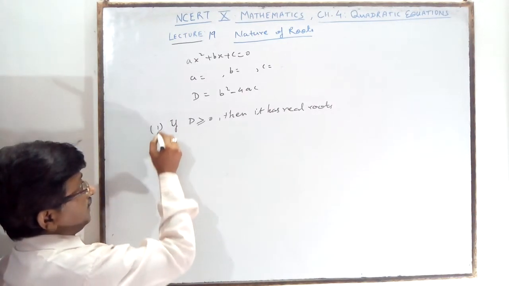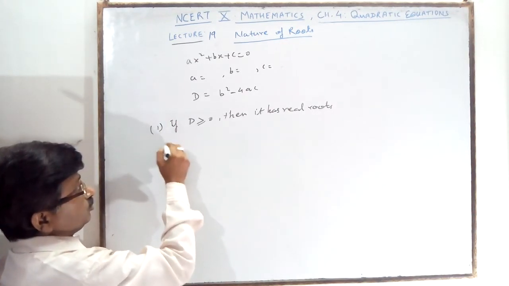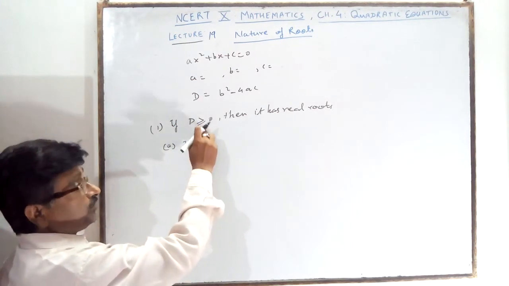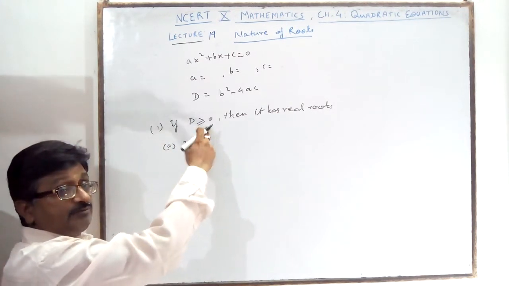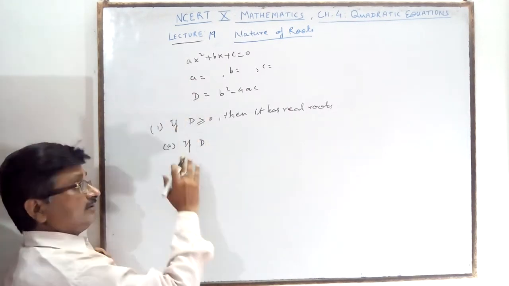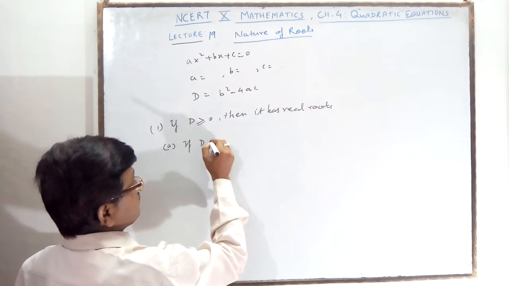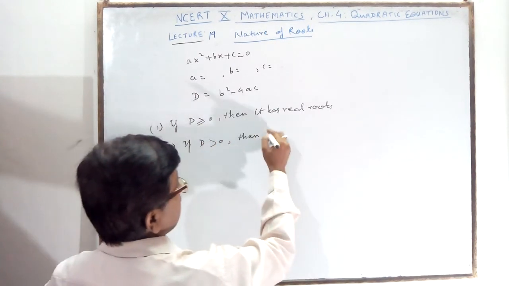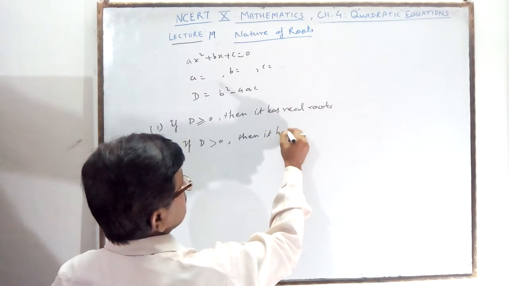If real, then there are two types of real. Two possibilities are not here at once. If it is 0, then it is not greater. If it is greater, then it is not 0. If d is greater than 0, then it has real roots.